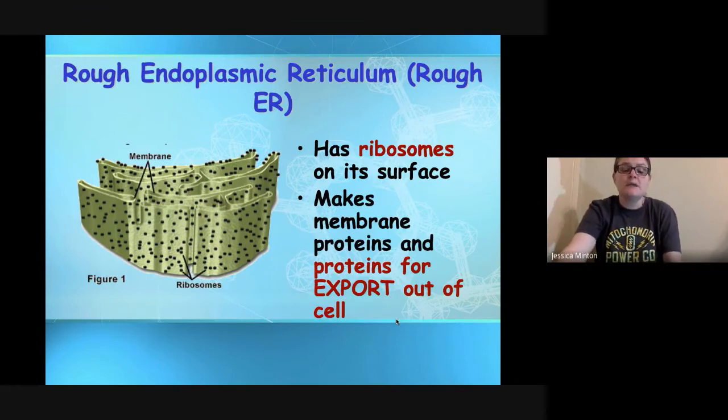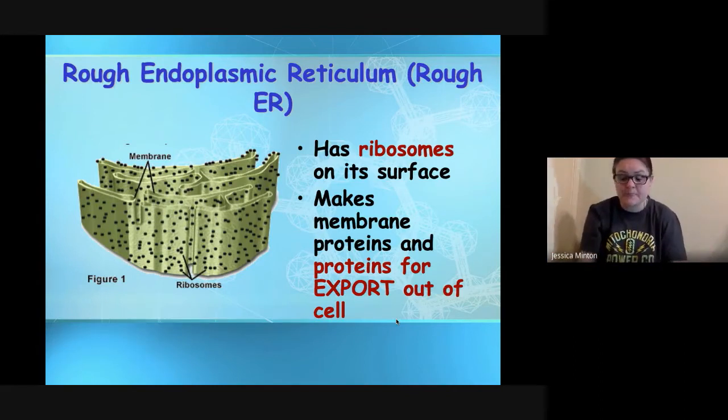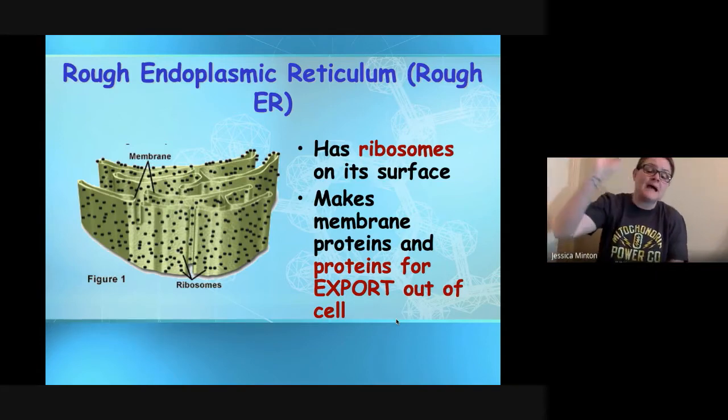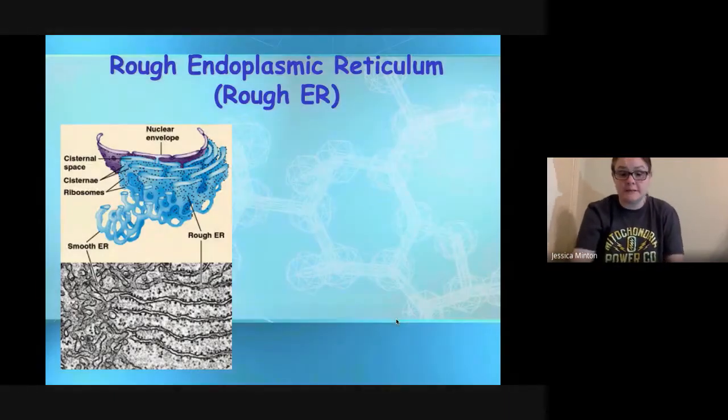So it makes those membrane proteins, and then the proteins are packaged and exported out of the cell. My cells can make proteins and send them out to be used at a different part of my body.